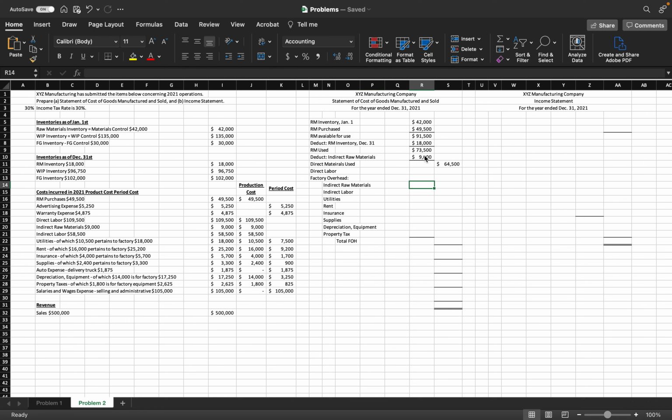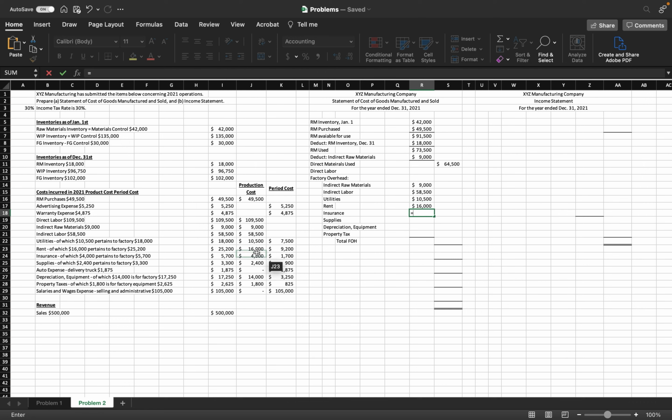And we know that the raw materials, we were told this information. Indirect raw materials was 9,000. Indirect labor was 5,800. The utilities portion we've already broken off for production cost to be 10,500. The rent portion we broke apart.